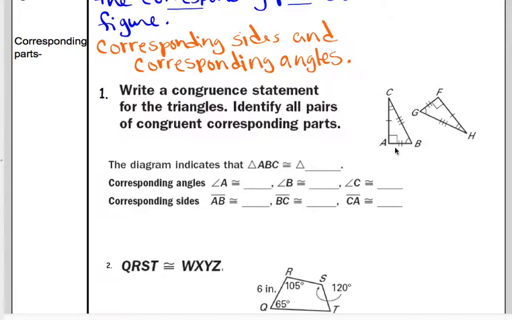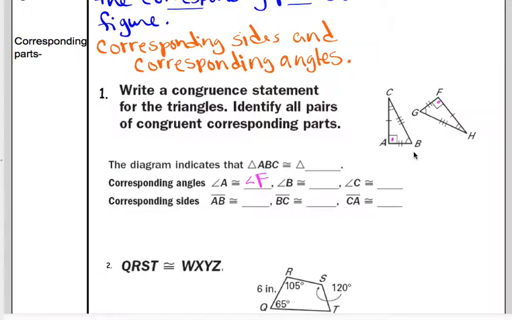We need to get used to this: this right angle marking here and this right angle marking here, those are corresponding angles. So my angle A corresponds with angle F, and I can see that in the picture. So for angle A congruent to, I can put angle F there.